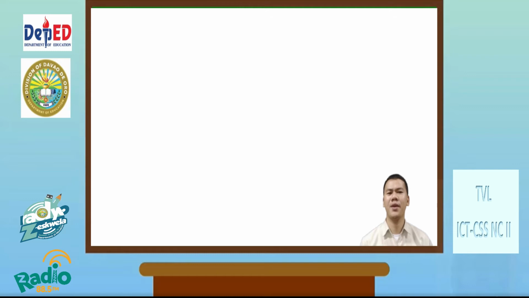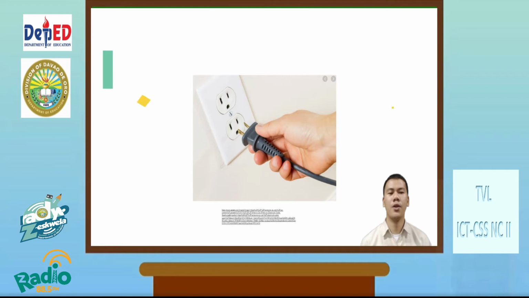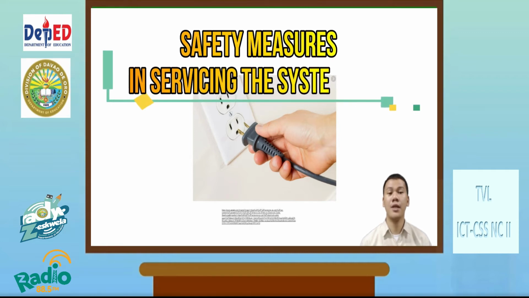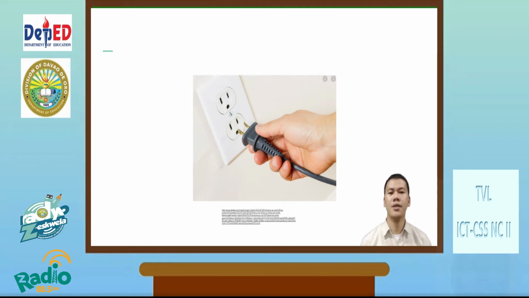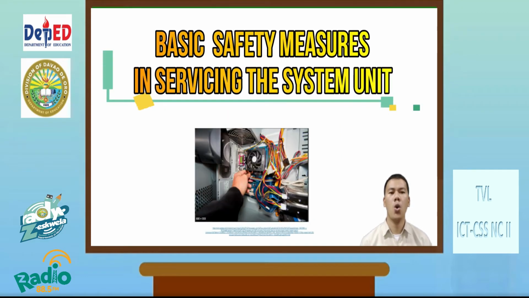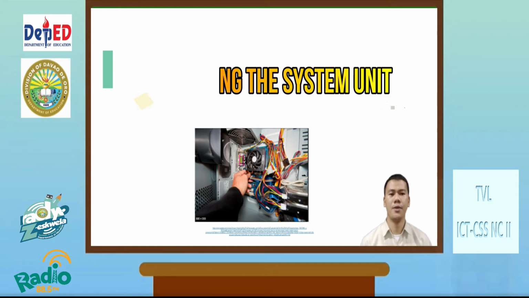Okay, and now, what about the safety or the precautionary measures in performing the job? Before you begin disassembling your computer system unit, allow me to give you the list of the basic safety measures or the precautionary measures in servicing the system unit.